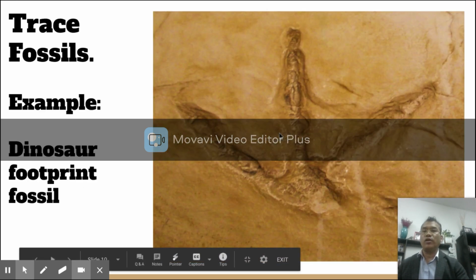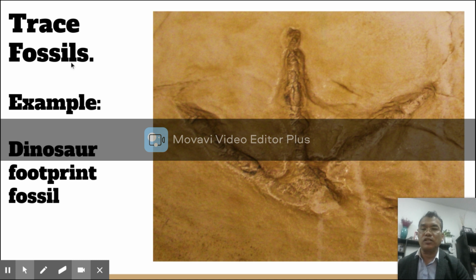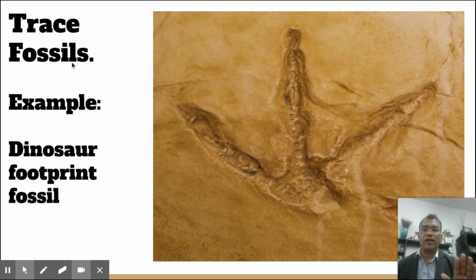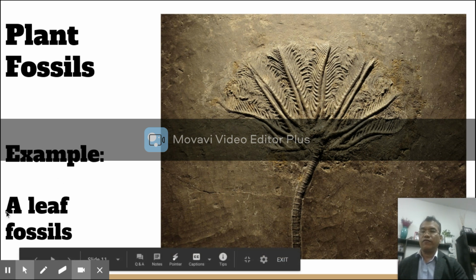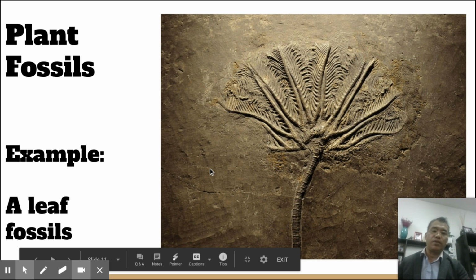And then the next one is trace fossils. Trace is like a footprint, like a mark they leave. For example, dinosaur footprint fossils. You see the picture here? That's the trace fossil. And then the third is plant fossils, for example, leaf fossils. This is an example of leaf fossils, fossils from the plants, right?